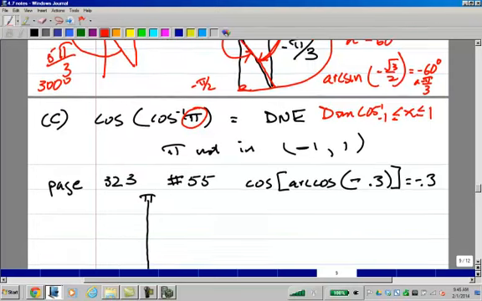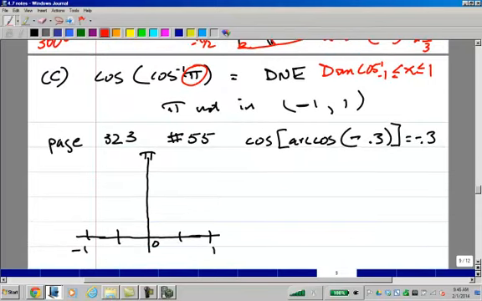Page 323, number 55. The cosine of the arc cosine of negative 0.3. Now, negative 0.3 is okay as a domain for the arc cosine because it's between negative 1 and 1. So let's just draw.